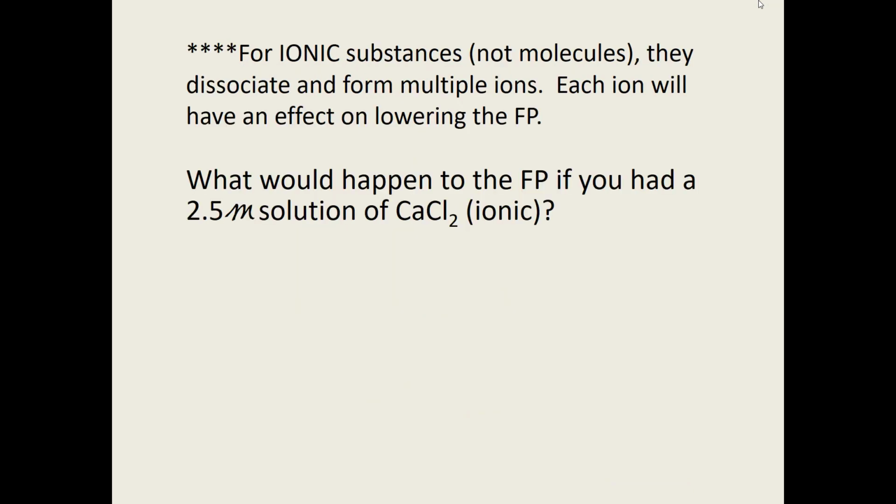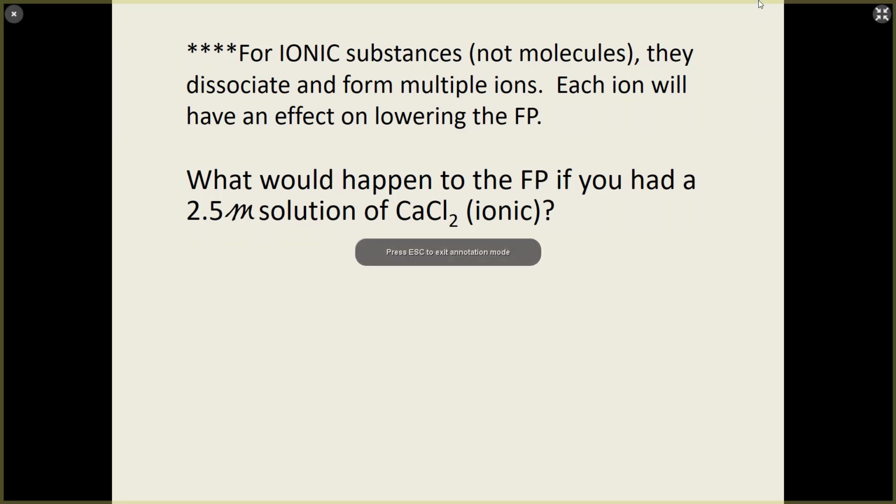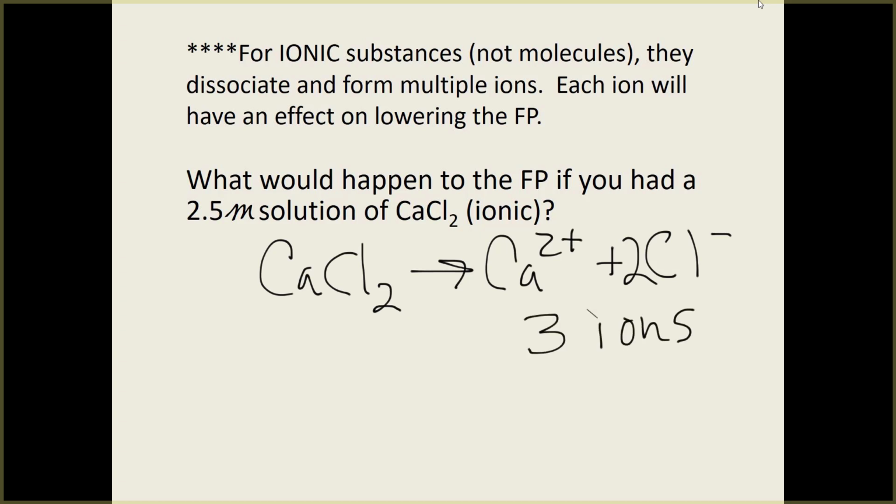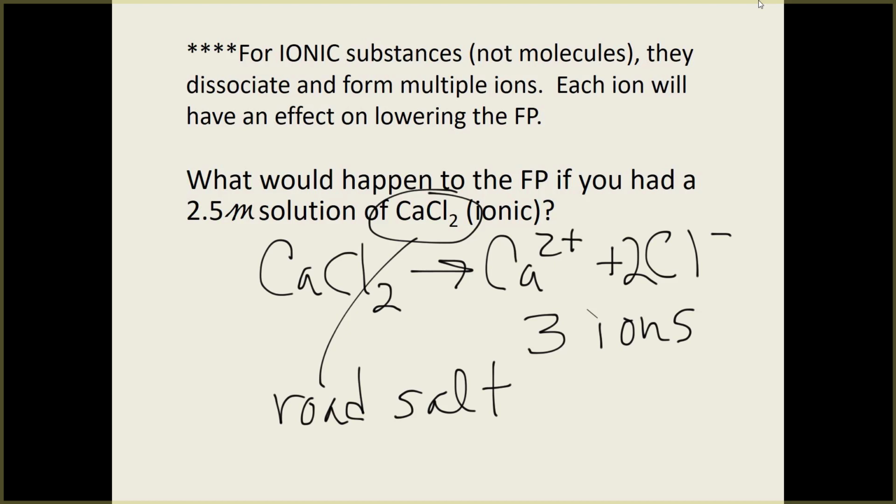So for ionic substances, remember, they are more powerful because they split into more particles. So I have calcium chloride again, and we find that it separates into 3 ions. Calcium chloride is the road salt that we put on our roads in the winter. Why do we use calcium chloride?